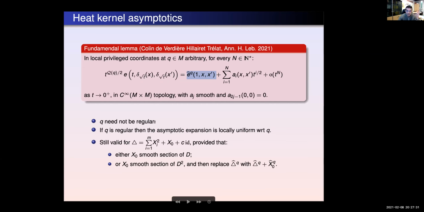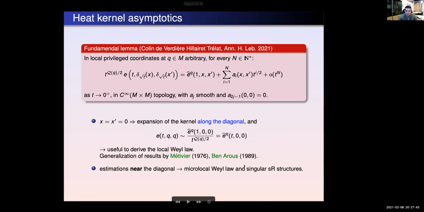I mean, Q need not be a regular point, but when Q is regular, then moreover, the above asymptotic expansion is locally uniform. And this generalizes former results by Métivier at the end of the 70s, and a result by Ben Arous at the end of the 80s, who established a similar expansion, but along the diagonal.